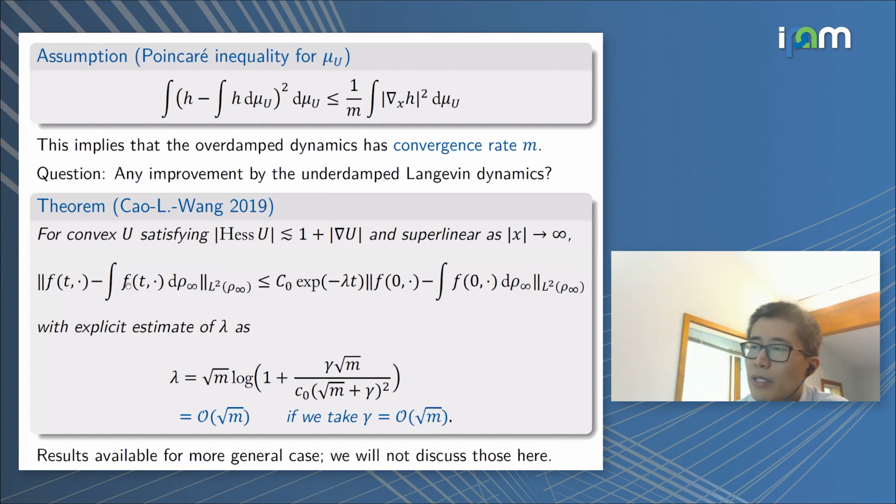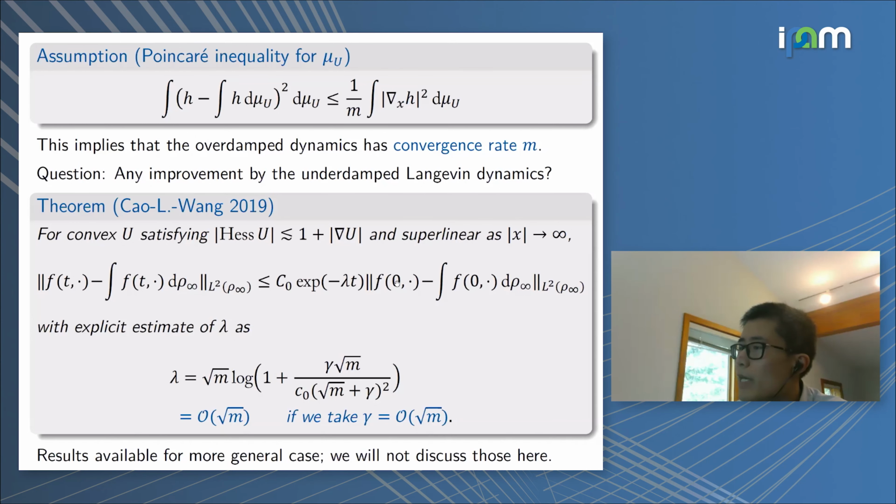Remember that this integral is constant in time, so I always need to subtract it off, because f will converge eventually to the constant. And the right-hand side is the L2 norm initially, with a constant C0 here. The constant does not depend on M, and then there is exponential convergence e to the minus lambda t. The important part of the result is that we can get a fairly explicit estimate of the lambda.